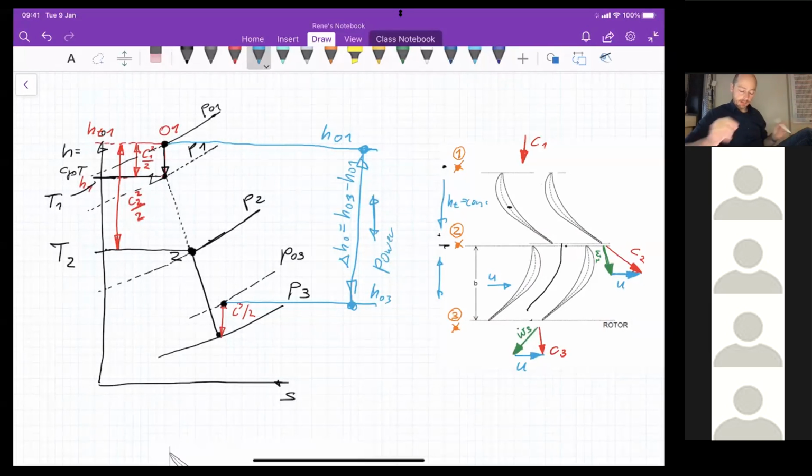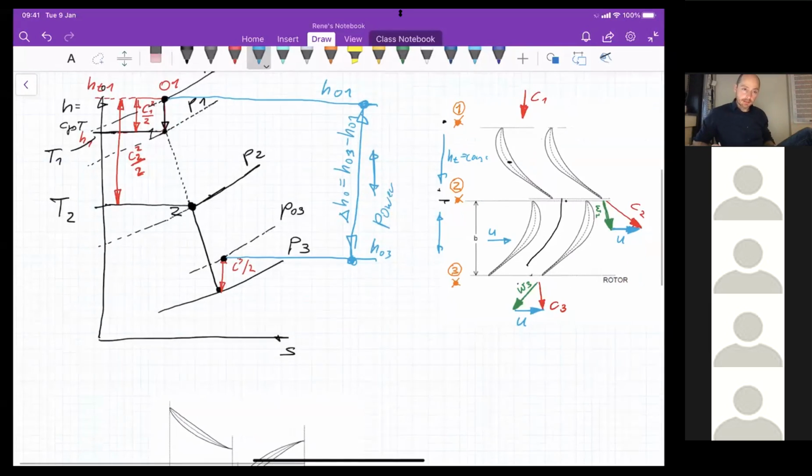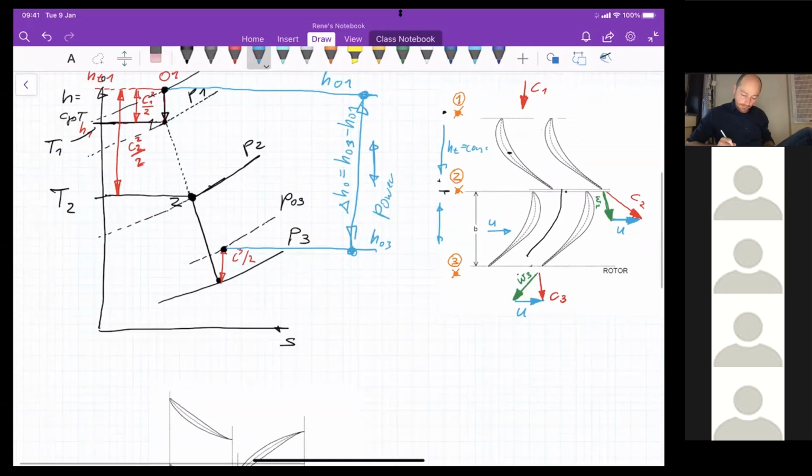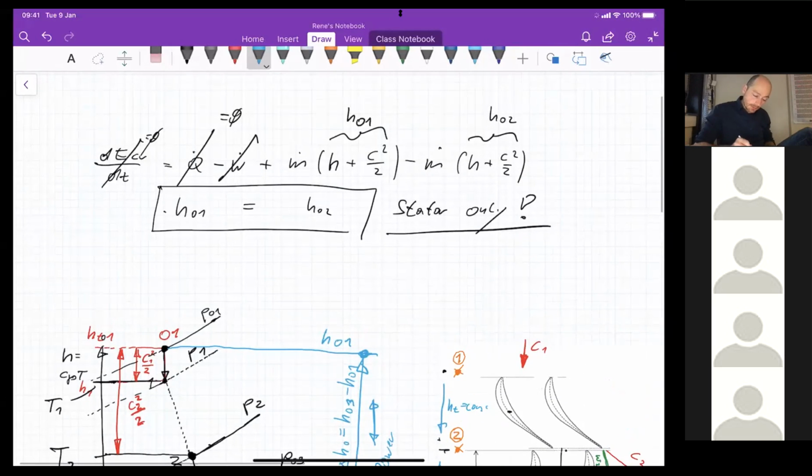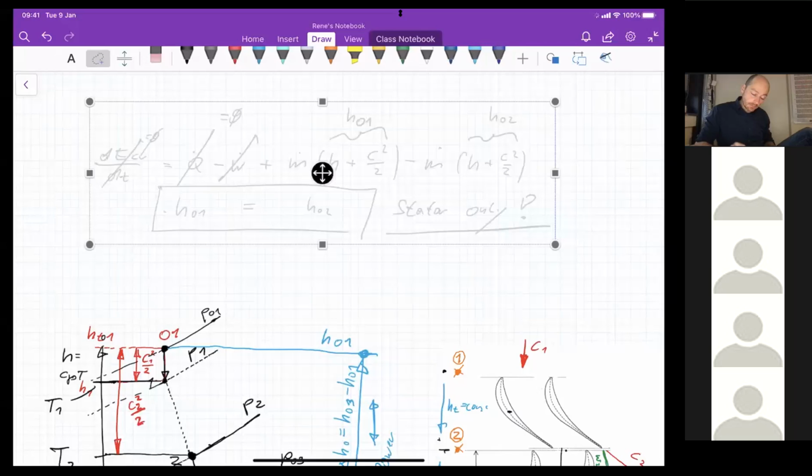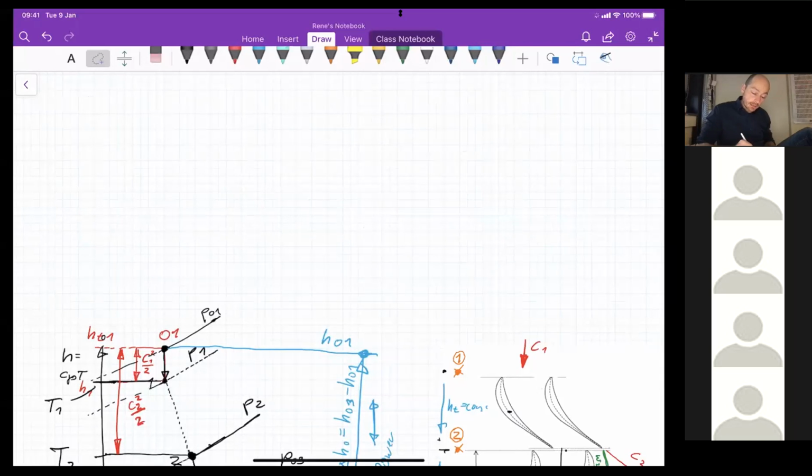The way I can do this is by defining the Rotalpy. For the stator, H01 is H02.